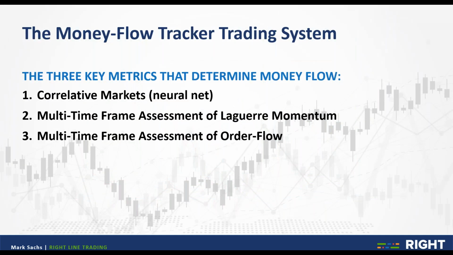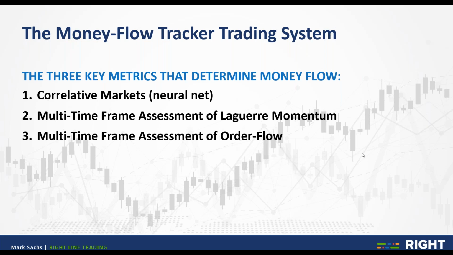Now, I want to go through this very, very quickly, because if you come aboard, I'm going to do a master class, and I'm going to do this in a lot more detail. But we track money flow and we couldn't care less about price patterns or price action.